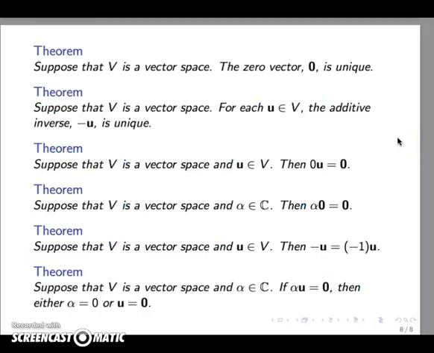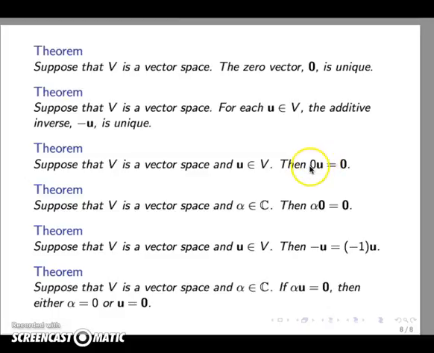And lastly, but not least, there are a number of theorems here that reinforce some of the properties of vector spaces. The zero vector, which is required for the set to be called a vector space, exists and is unique. The additive inverse, denoted with a negative in front of it, is also unique.